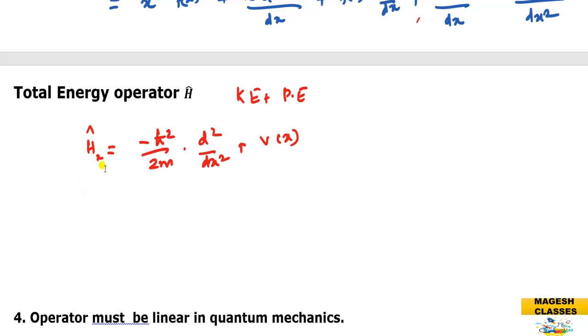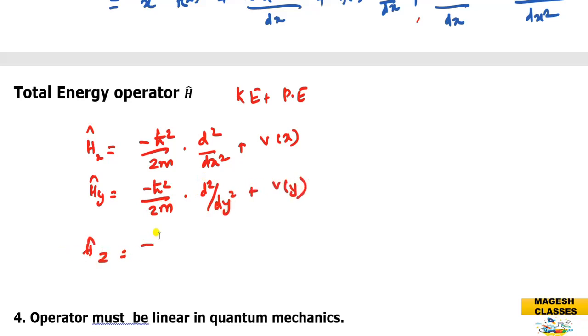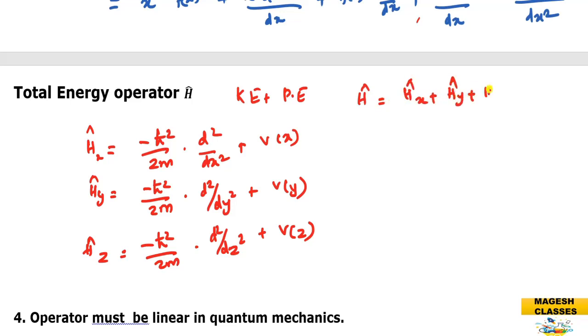Similarly, Hy, Hz you can write. The total energy H is equal to Hx plus Hy plus Hz.